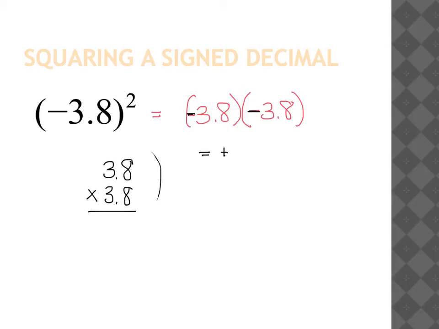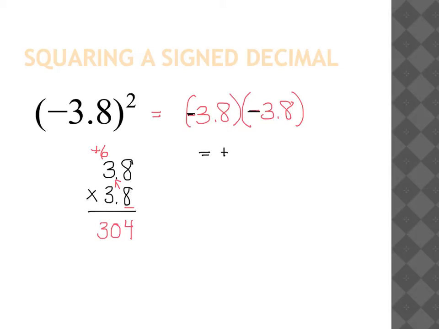So when I do my math over here, I'm not actually going to put the negative signs in there. Okay? So running through the math, we're going to just take 8 times 8 is 64, carry the 6. 8 times 3 is 24, plus 6 more is 30.